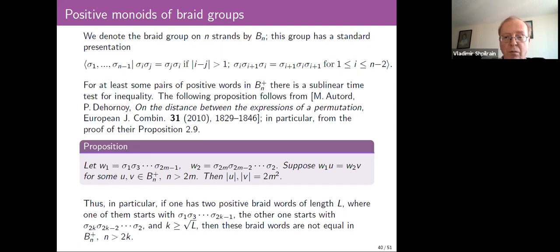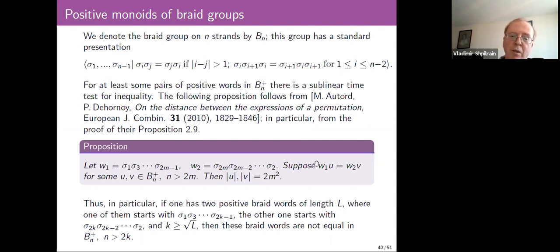Because to make them equal, you will need to augment them with something that is quadratic in K. But if K is greater than the square root of L, this will put you above the length L. So this is an example where a sublinear time algorithm can give you a negative answer.